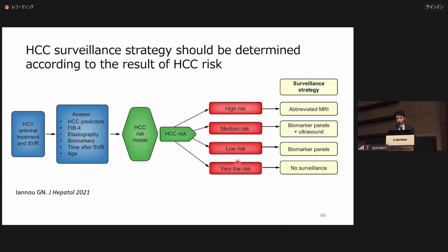If the patient has low risk, only biomarker panels are recommended, and if the patient has very low risk, no surveillance is recommended. So we should take cost effectiveness into consideration.